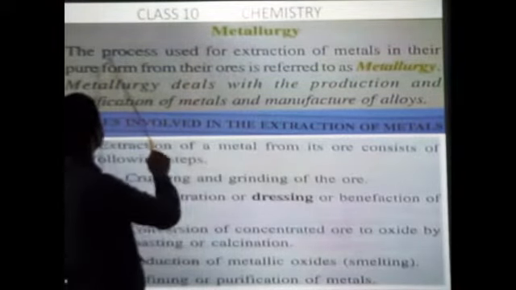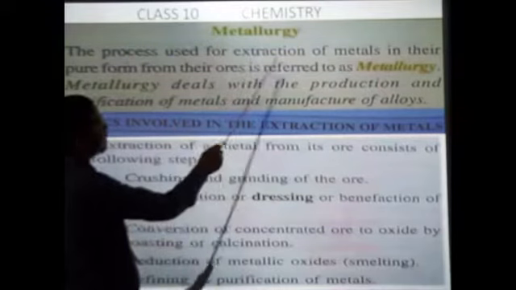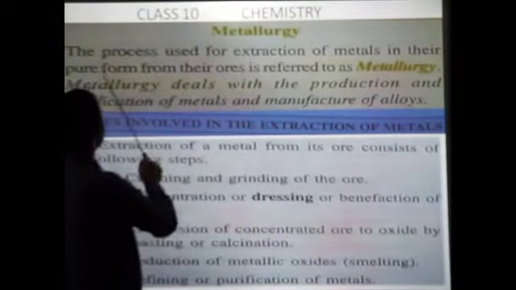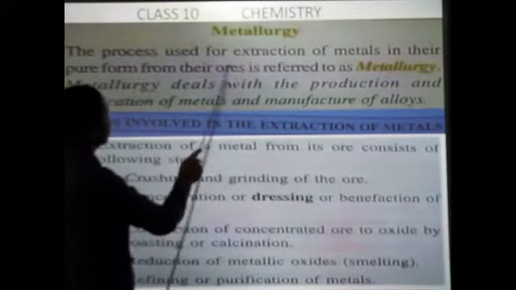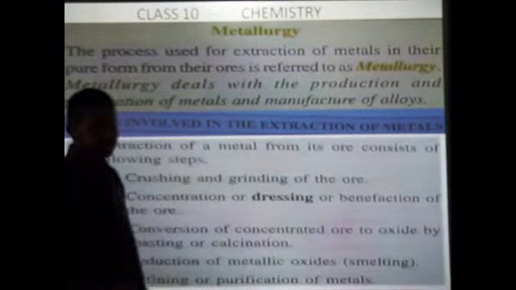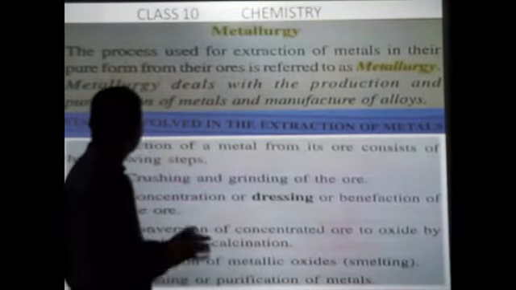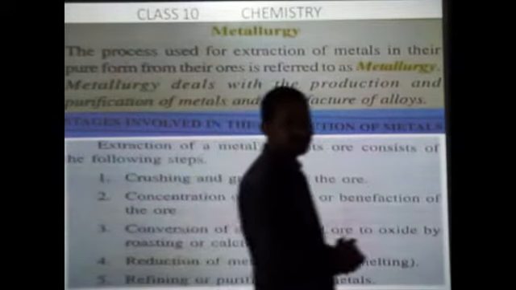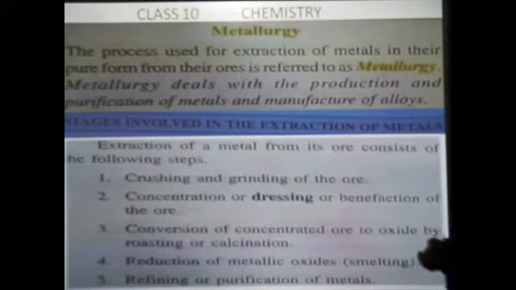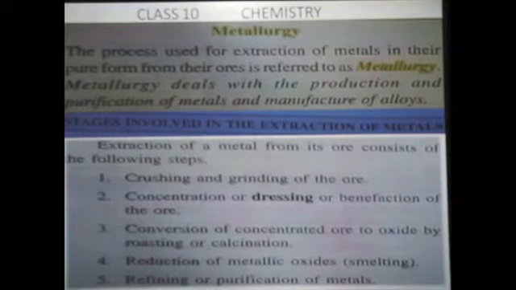Metallurgy: the process used for extraction of metals in their pure form from their ores is referred to as metallurgy. And metallurgy deals with the production and purification of metals and manufacture of alloys.